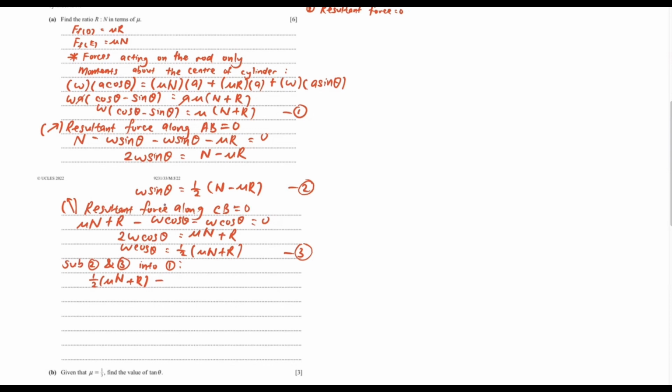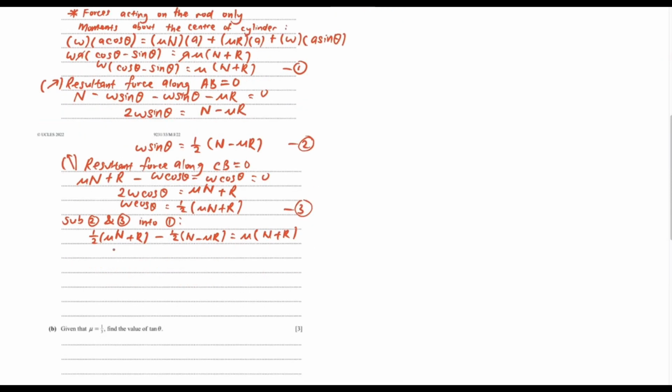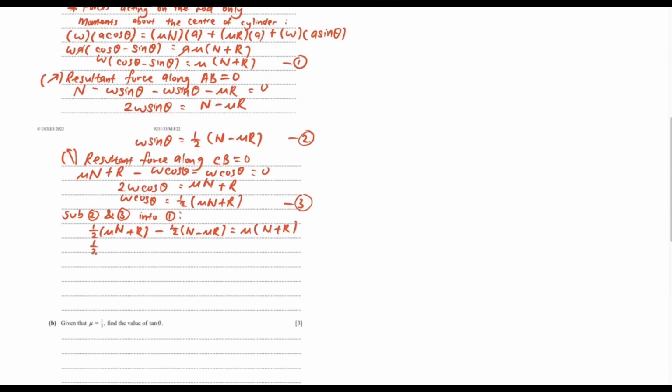So negative W sine theta, which is this one, 1/2 (n minus mu R), equal to the right hand side, mu n plus R. Then after that, I expand it: 1/2 mu n, 1/2 R, 1/2 n, 1/2 mu R, mu n, and mu R.